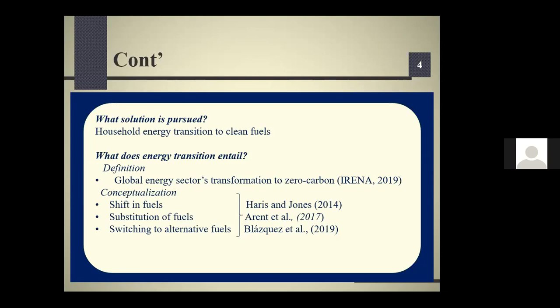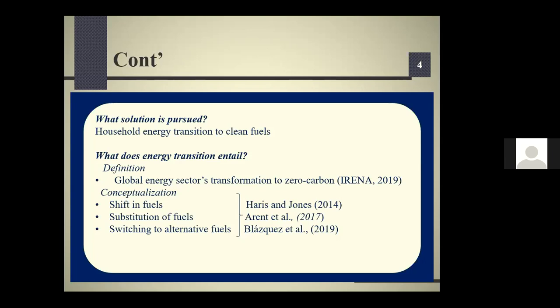But when we bring it to the household context, different scholars have looked at energy transition from different perspectives. To begin with, if you read the works of Harris and Jones, in 2014, they say energy transition is about a shift in fuels, from one fuel to another.